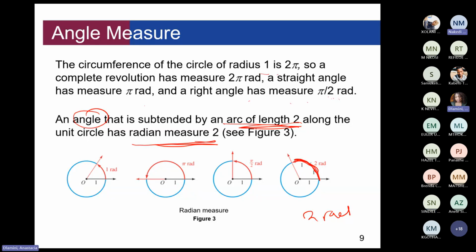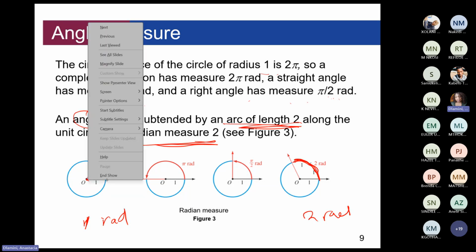This one is 1 rad, because from here to here, the arc length is 1. And do you notice that from the origin to the circle, that's a radius?